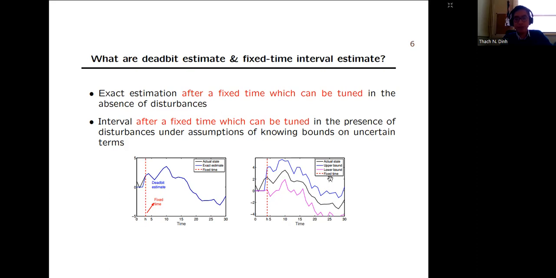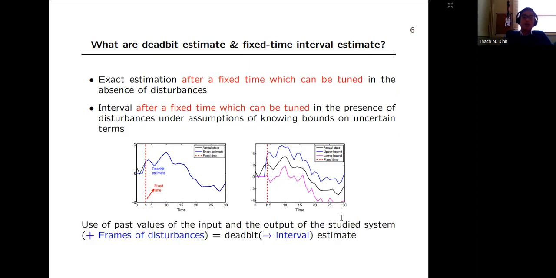Of course, we need the bounds on disturbances and noise, but those assumptions are realistic in most cases in application. So what is the key idea here? The key idea is that we will use the past values of the input and the output of the system to build the deadbeat estimate.